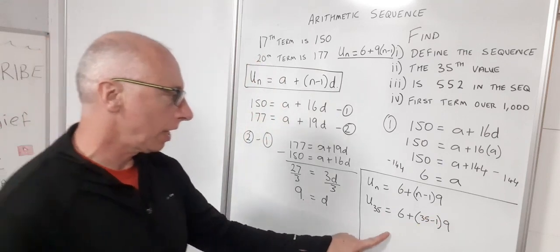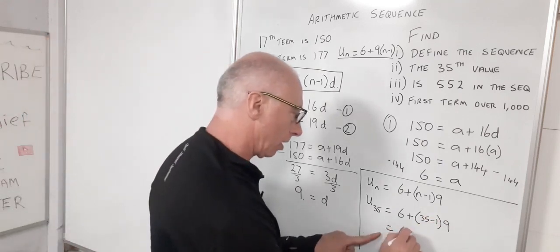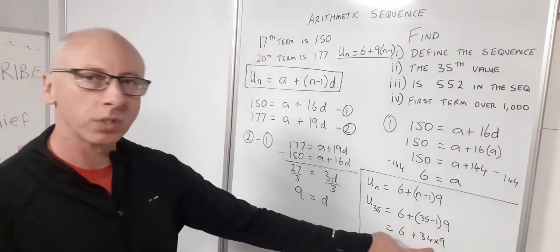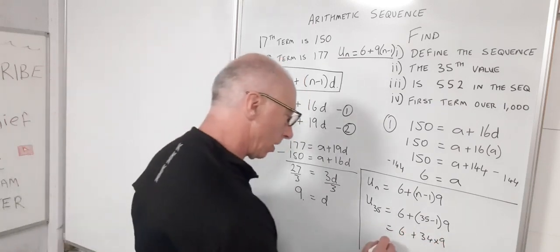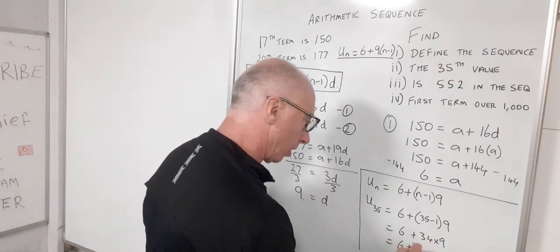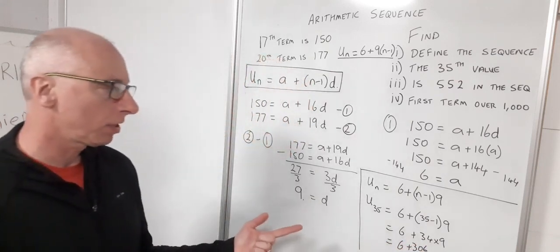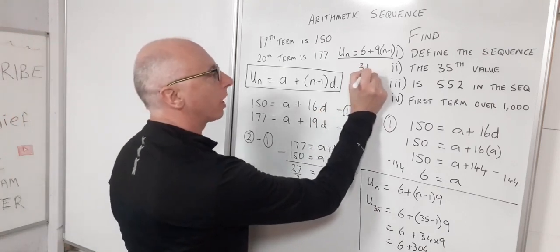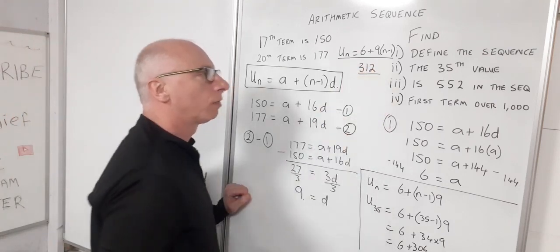So now we've got 6 plus 34 times 9. 34 times 9 gives me 306. So it equals 6 plus 306, which gives me 312. So that will be 312.